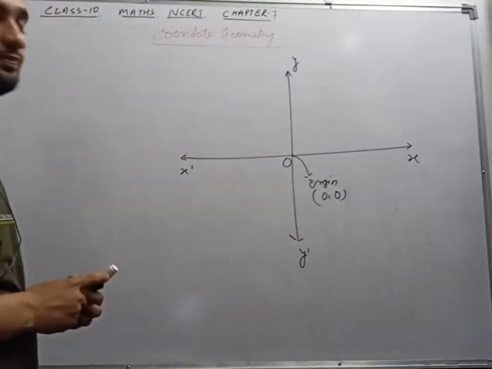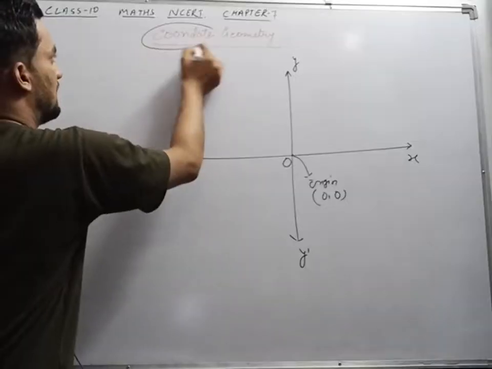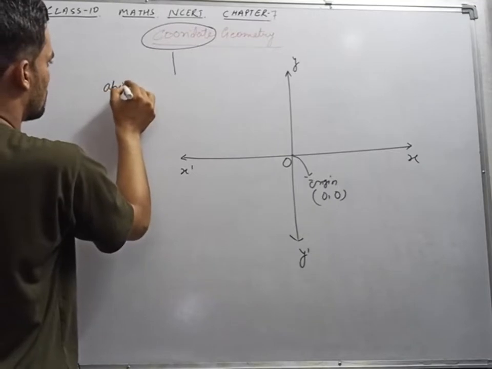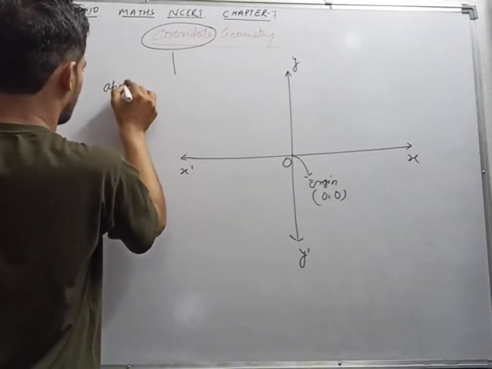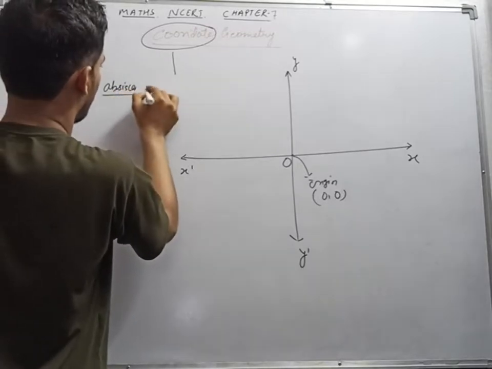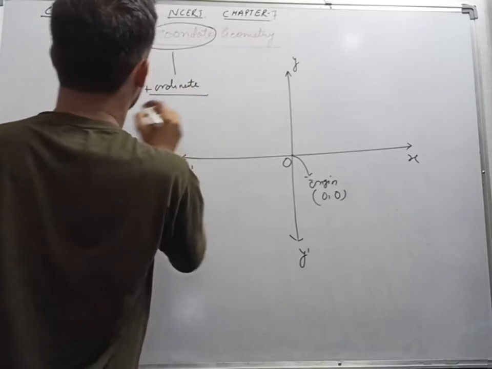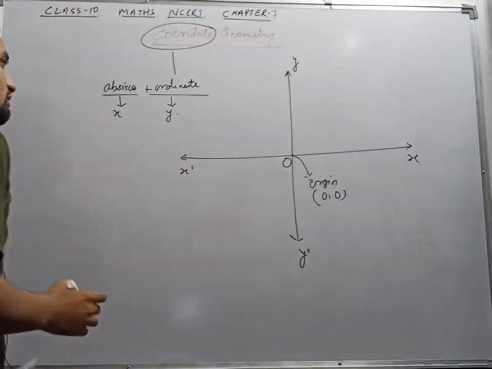So first thing we should make clear is what a coordinate is. Actually it is made up of abscissa plus ordinate. This is for x and this is for y.